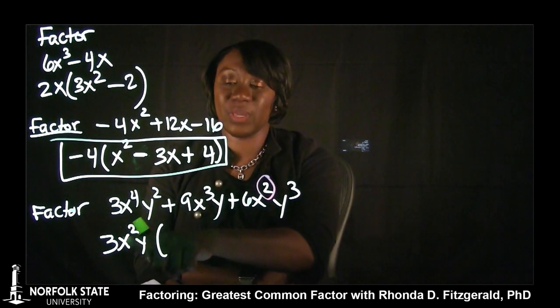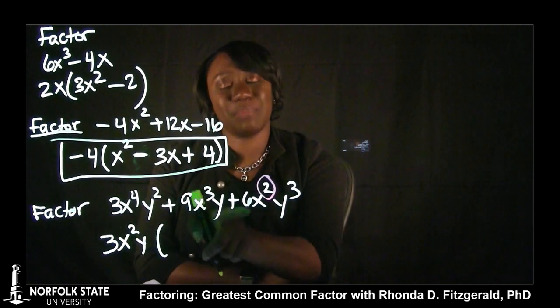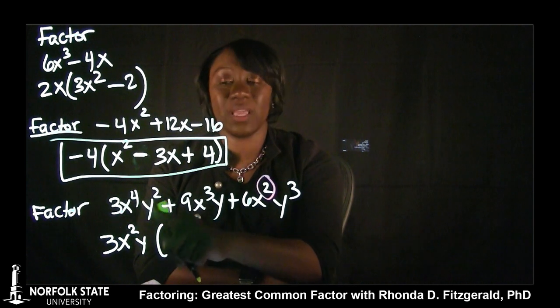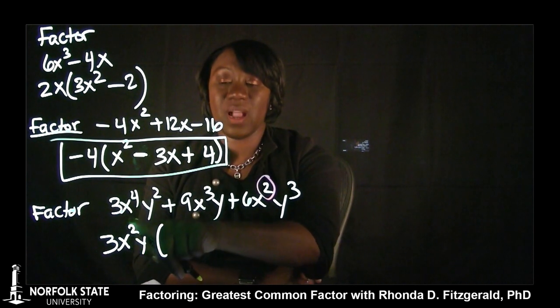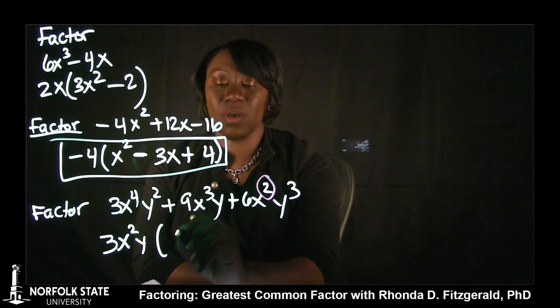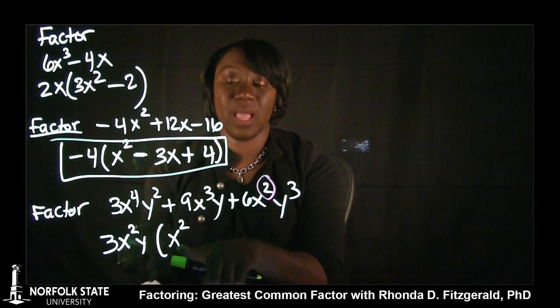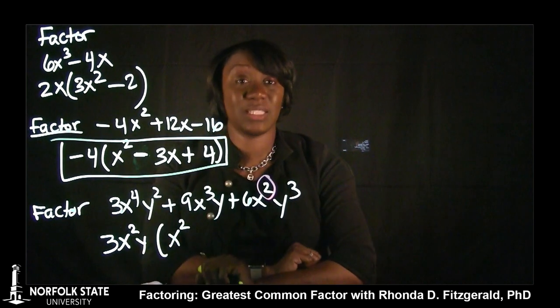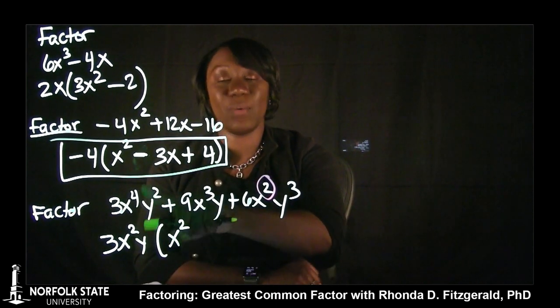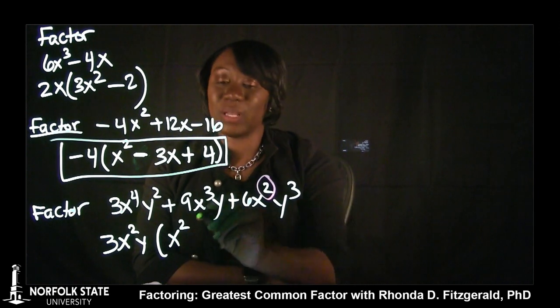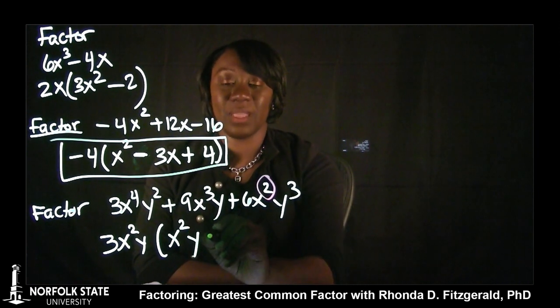Now we want to see what's left. When we're removing 3x squared y, let's look at it piece by piece. When we're removing a 3 from 3, that goes away. But when we're removing an x squared from an x to the 4th, we're left with an x squared. Remember, x squared times x squared has to give me x to the 4th when multiplying back. When taking a y away from y squared, we're left with y.